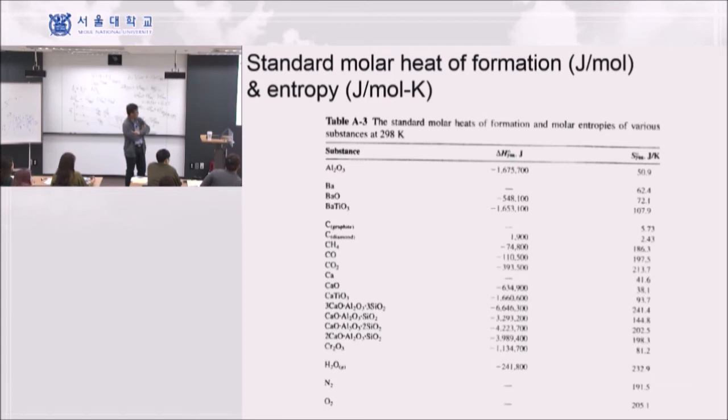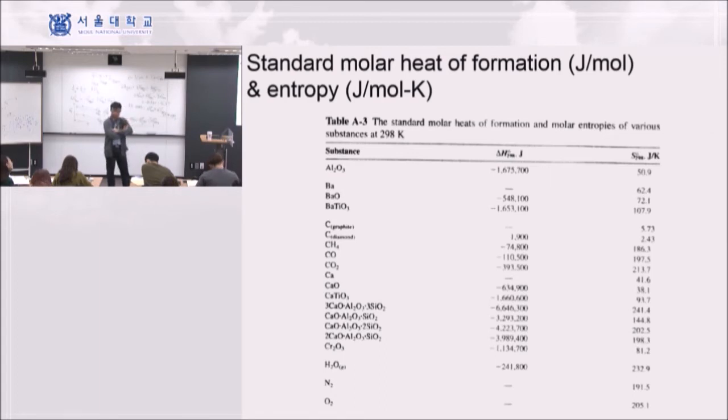That's delta H 298 Kelvin for the Al2O3. If I want to calculate the Gibbs energy of Al2O3, we have to start from this H298 plus the integral and so on. And then S298 is 50.9 joule per mole Kelvin.